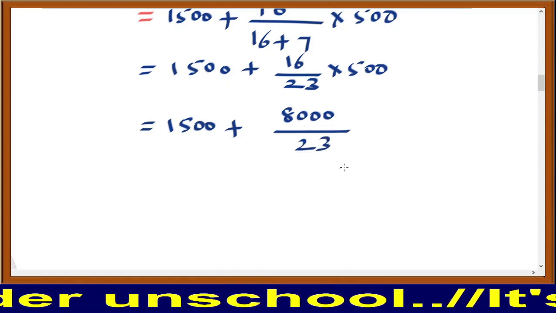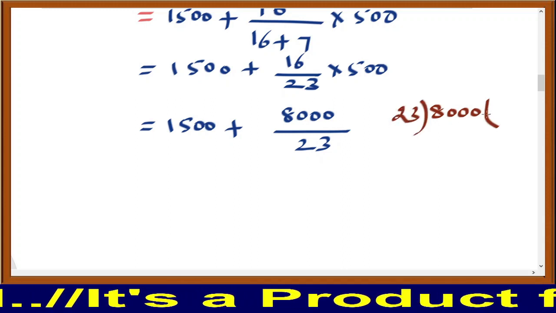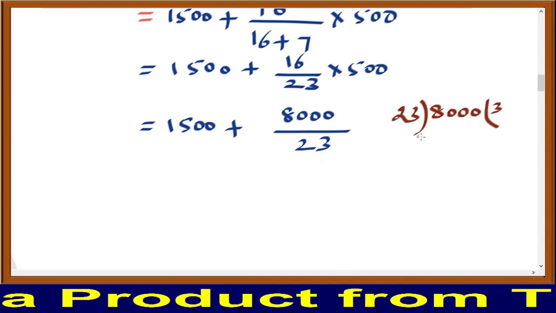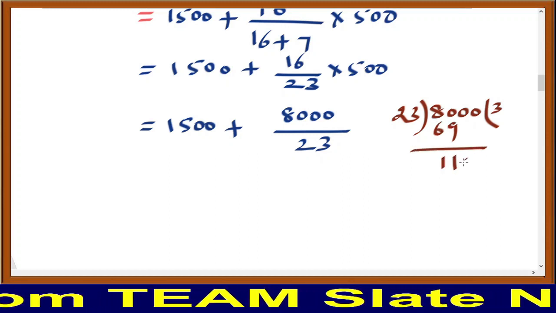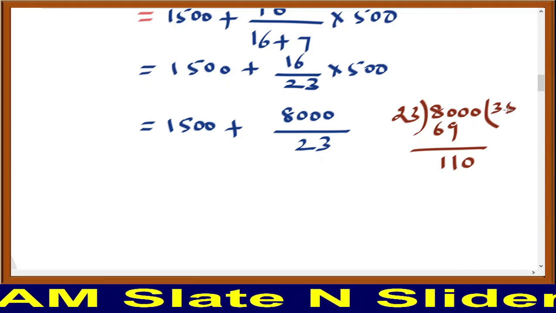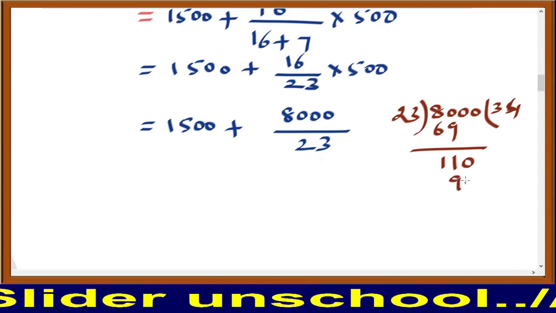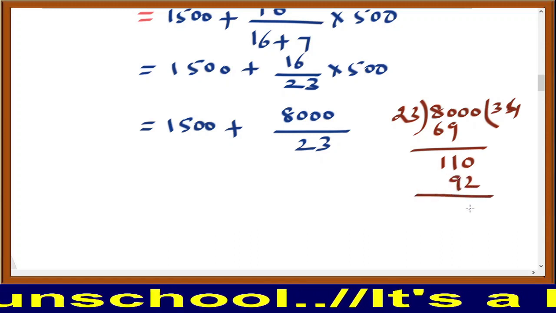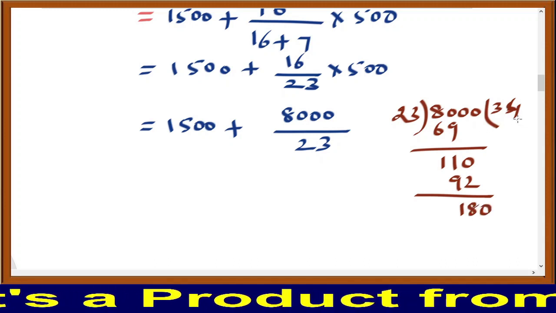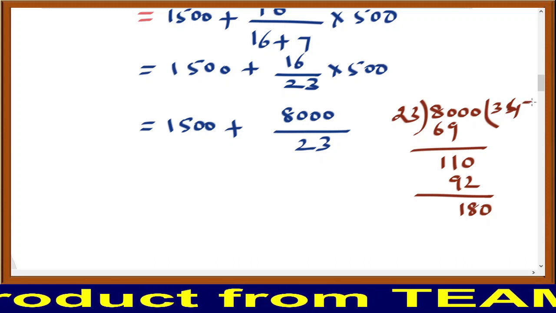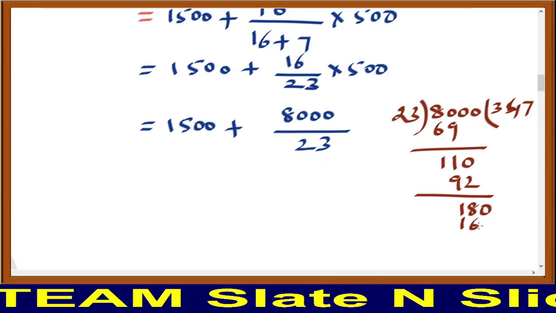So divide 8000 by 23. 23 threes are 69, 11, 120, 23 fives, 23 fours, 80, 12, 92, 18, 180 again, 23 sevens, 240, 21, 140, 21, 161.